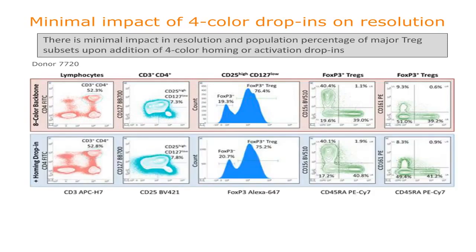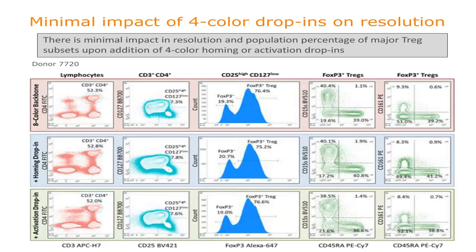Well, what if I drop in one of my drop-in panels? In this situation, I dropped in my homing panel. And you can see that if I look at my populations of interest, I'm still easily able to resolve all of my T regulatory cells, my FOXP3 positive cells, as well as my subsets that I'm interested in.